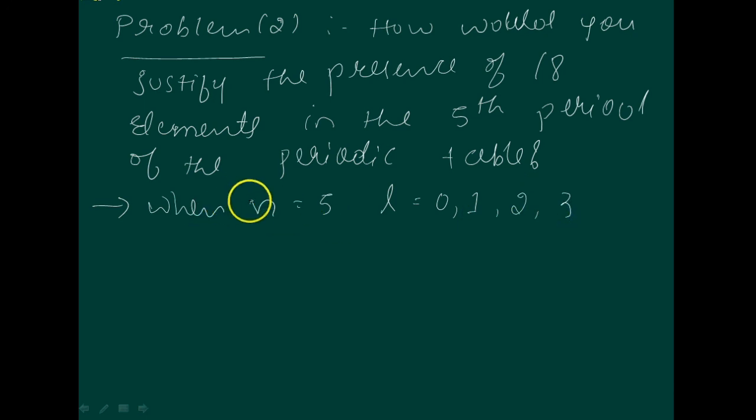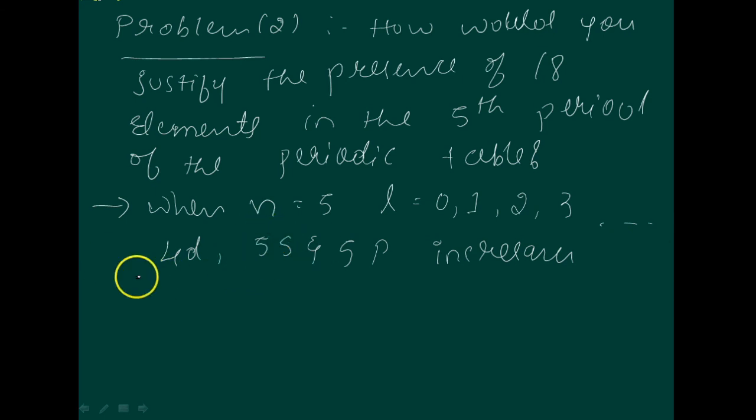The order in which the energy of the available orbitals 4d, 5s and 5p increases is 5s, 4d and 5p. So 5s is less than 4d, and 4d is less than 5p.